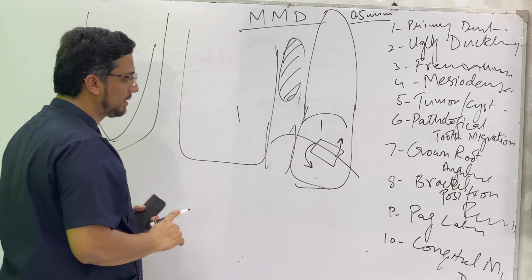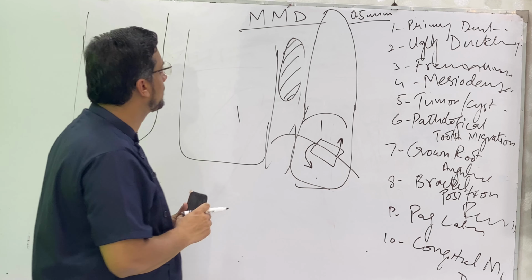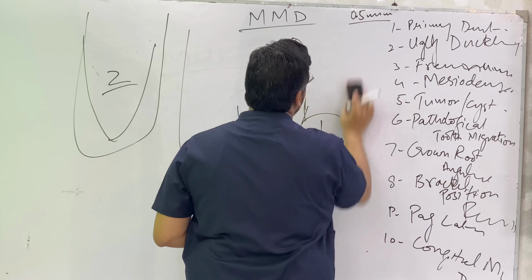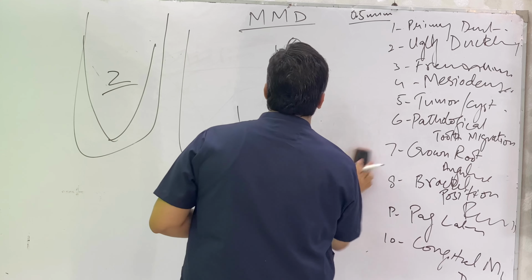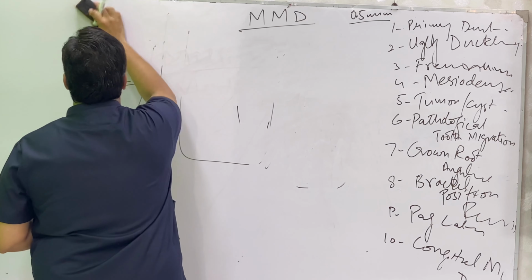Moving on to the other causes. Let's talk about the habits. Habits can cause the gap and the flaring of the central incisors as well.